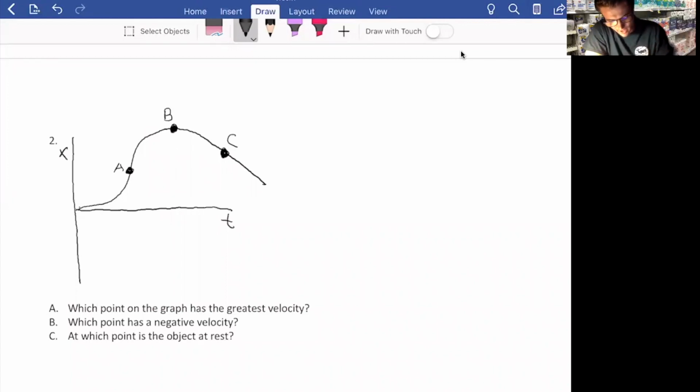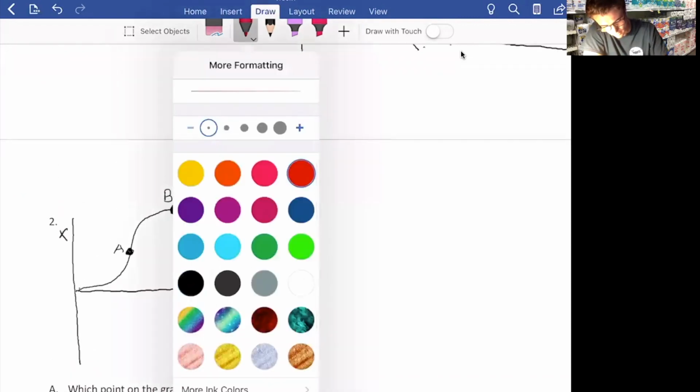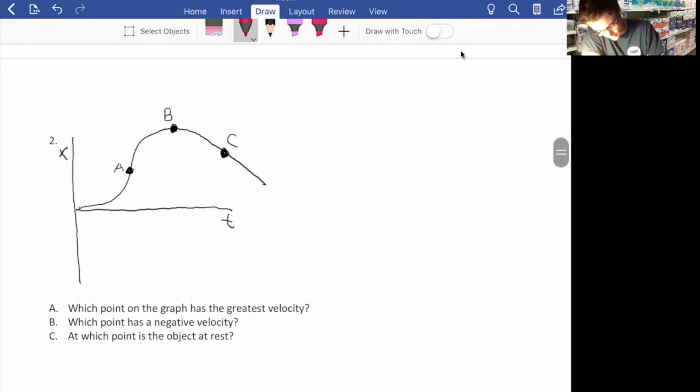I would say that A has the greatest velocity because the slope, the rate of change in x at that point, is the highest. So that's why I would say A is the answer.